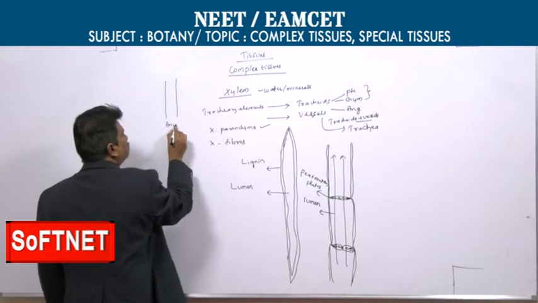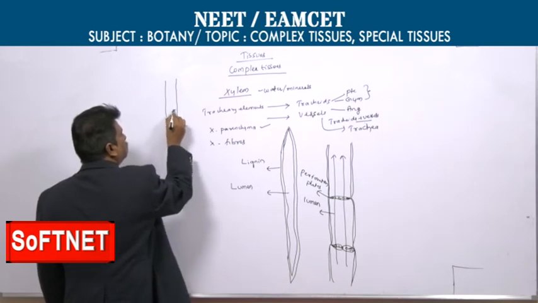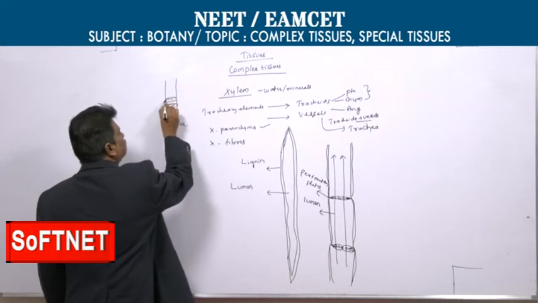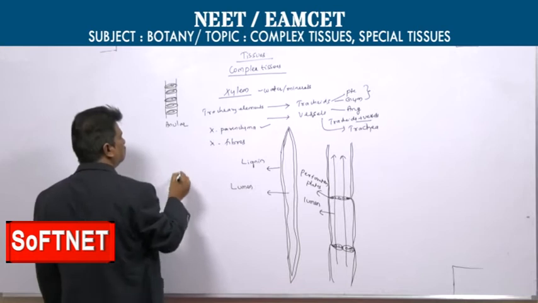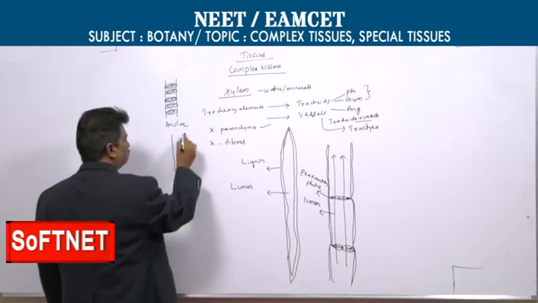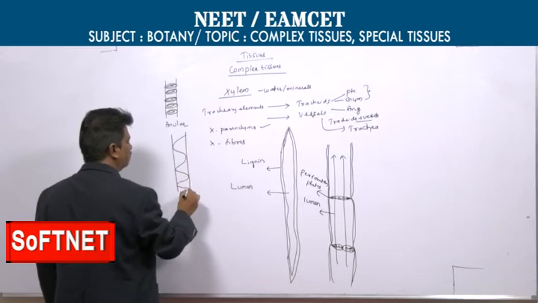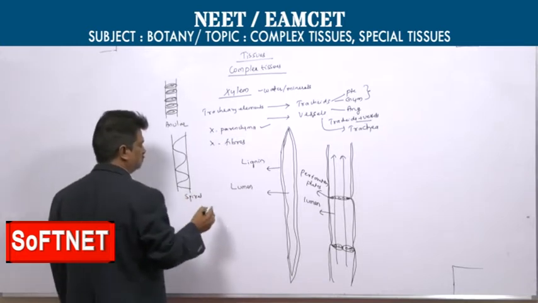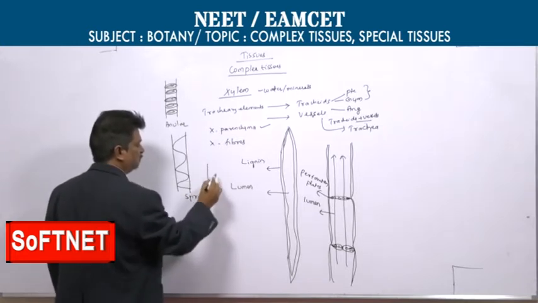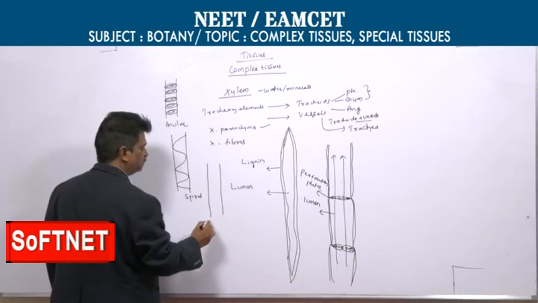One is annular. Annular means the lignin deposition is ring-like. Then the second one is spiral. Spiral means the deposition is spring-like. Then next one is scalariform.